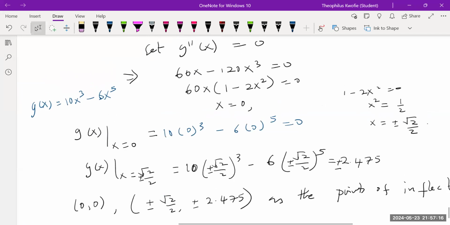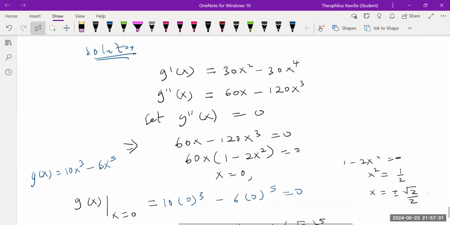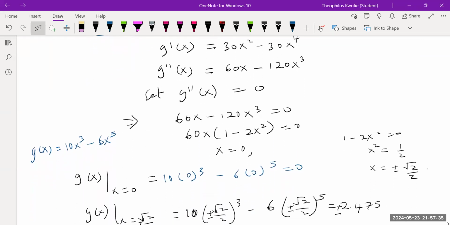I think most of you would like this because this is straightforward. The first thing to do is to find the first derivative. Then you go further to find the second derivative. Then you set the second derivative to 0. Then you get x values. Then we have to evaluate the main function or the main given problem at the x values that you just got.